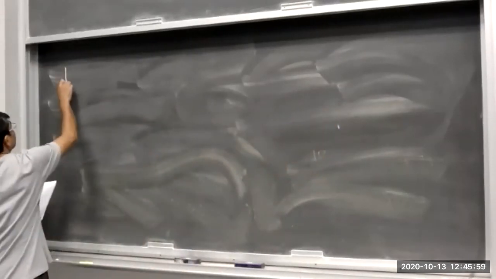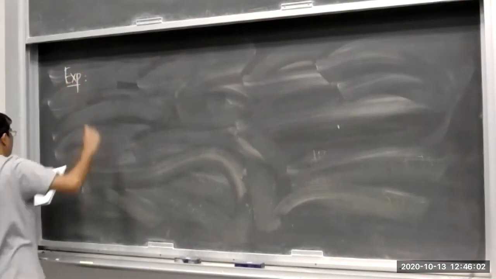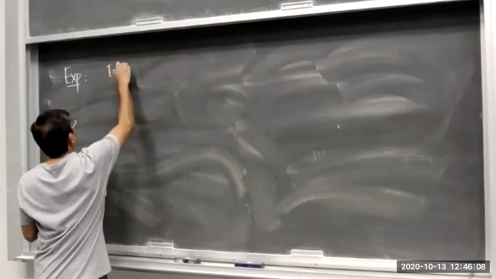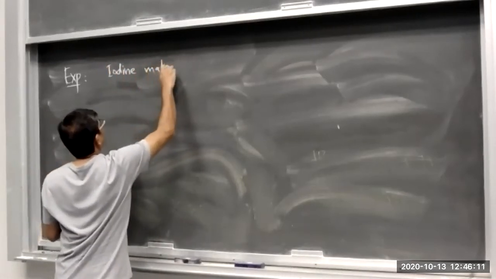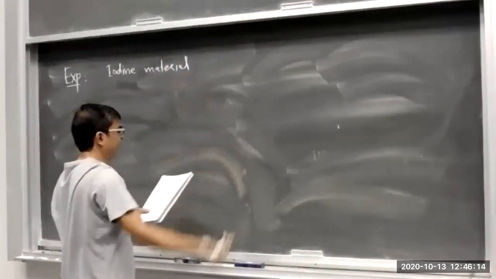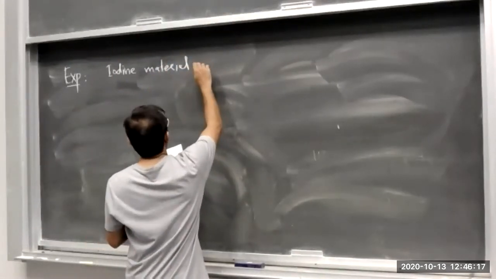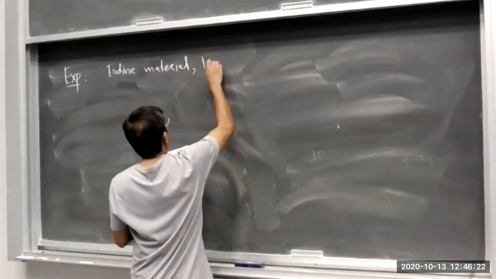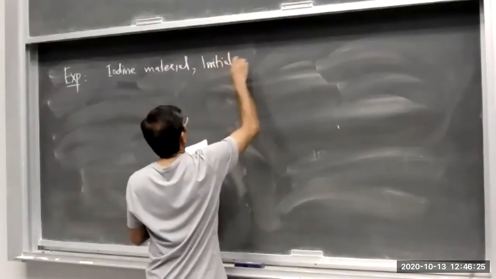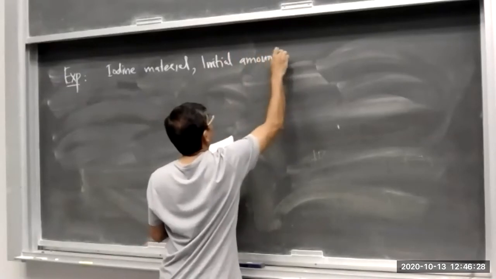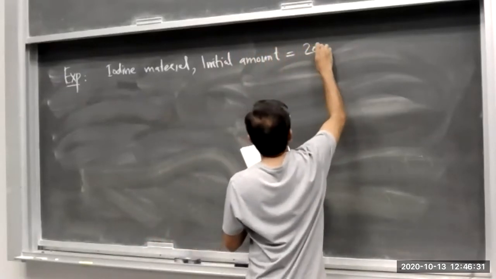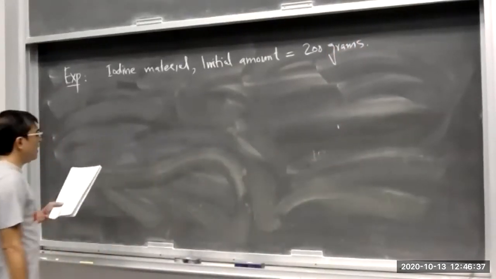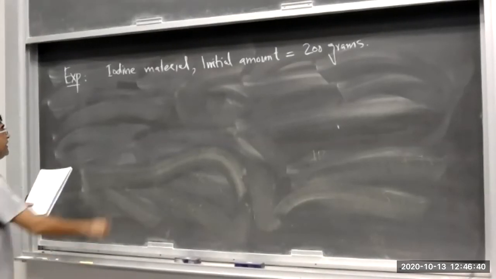The initial mass of iodine material, some certain radioactive material, its initial amount is 200 gram. Determine the iodine mass after 30 days.